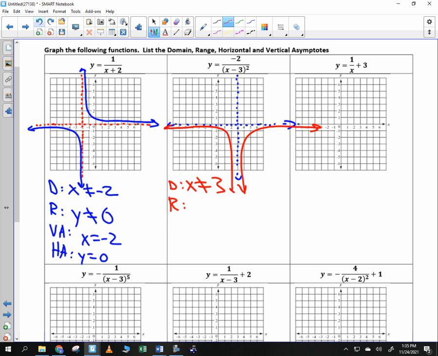Is y ever 6? In fact, y is always less than 0. It can never cross over the 0. I have vertical asymptote, which is right here, x equals 3. And I have horizontal asymptote of y equals 0.